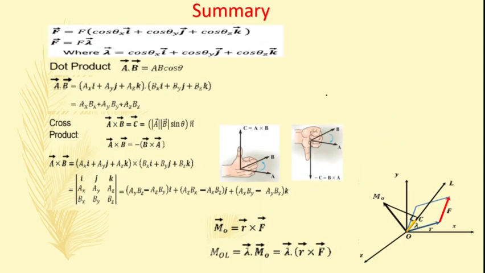Now what did we actually learn today? First, we learned how to represent a force vector in terms of cos theta x i, cos theta y j, and cos theta z k, where theta x, theta y, and theta z are the angles made by the force with the x, y, and z directions. Suppose we draw Cartesian coordinates: this one is x, this one is y, and this one is z.